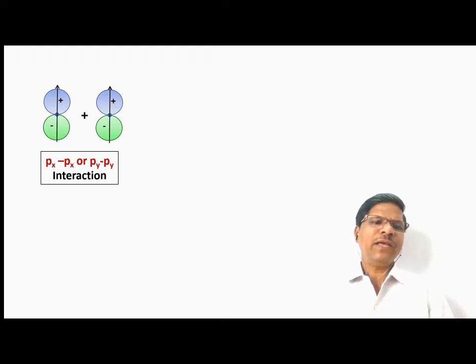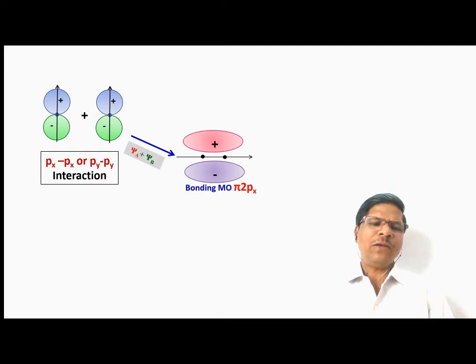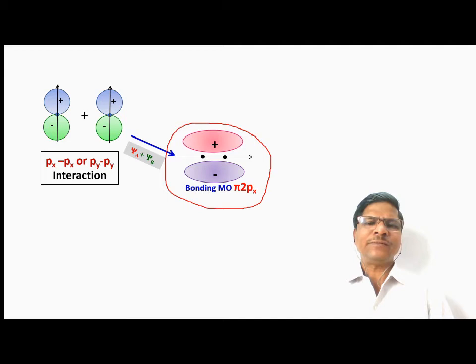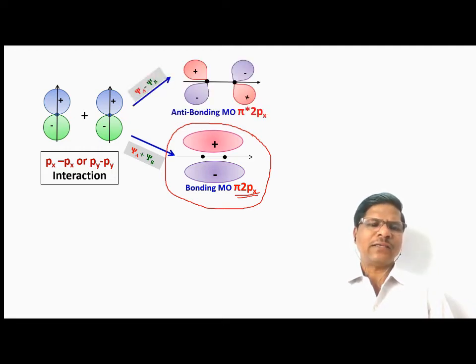Okay. So the third type of interaction will result in the formation of the pi bond. So the px or the py interaction. The interaction is perpendicular to the internuclear axis, and in phase interaction will result in this pi bonding molecular orbital, and it is labeled as pi 2px, or if the py orbital is there, pi 2py, and the out of phase interaction will result in the antibonding molecular orbital.